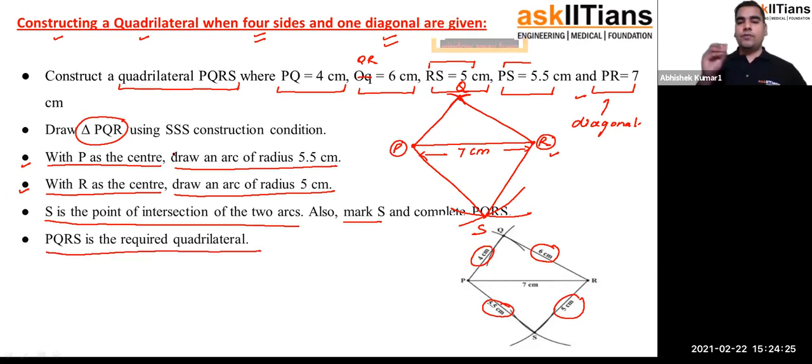Understood? So what we observed in this case is that whenever you have to draw a quadrilateral in which you are provided four sides and one diagonal, you should try to use the fact that a diagonal of a quadrilateral divides it into two triangles. If you draw any diagonal of a quadrilateral, you will get two triangles.